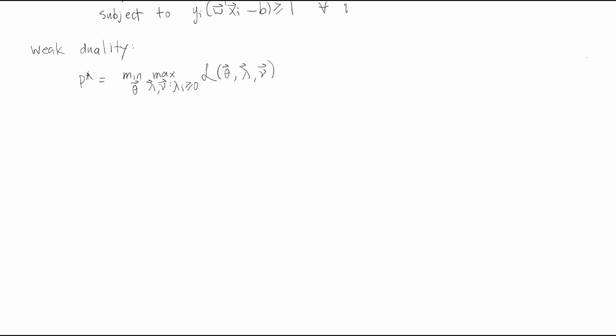And on the other hand, D star is the same thing, but with the optimization order swapped. So max over lambda, nu, where lambda_i's are non-negative, min over theta of L of theta, lambda, nu.